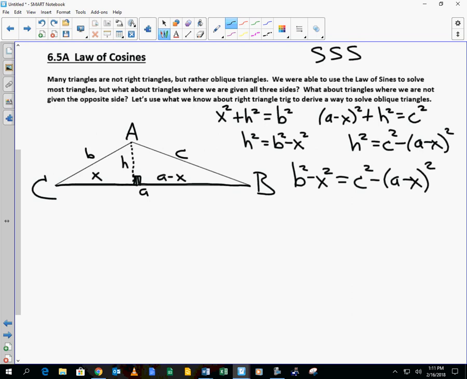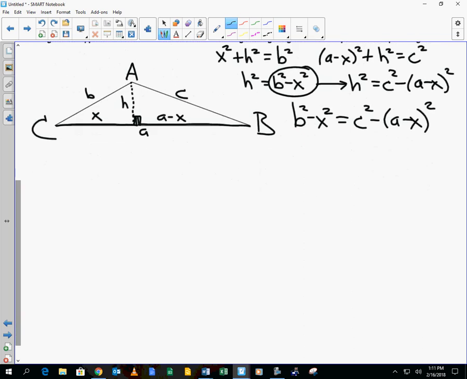Do you agree that this is H squared? Good job. Excellent. Got it? Okay. Pythagorean theorem.